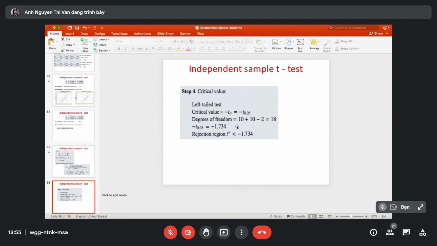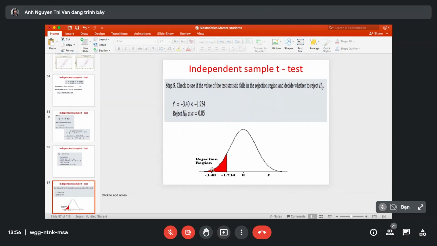And since it is one tail, T alpha will use the column T 1 minus alpha, T 0.95, and df is 18. We will find out the critical value is minus 1.734. Because it's a left tail, the critical value will be the negative value, and the rejection region will be T calculated less than the T critical.